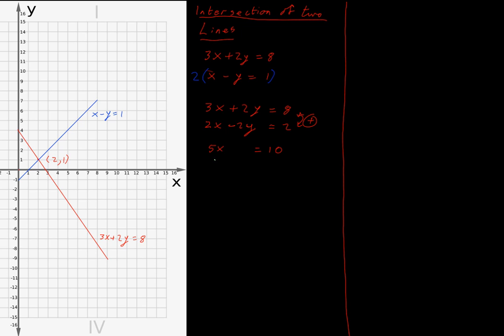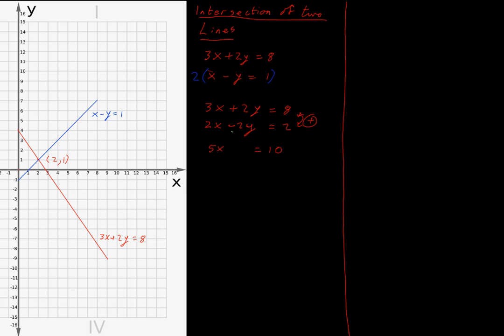Now what have I achieved by doing that? I have an equation that only has x's in it, and I know how to solve that type of equation. I know how to find x if I only have one unknown. So what I am aiming for in the beginning of simultaneous equations questions, and this will almost always be true, is that I am going to multiply one or the other, or sometimes both of my equations, so that I end up with the same number with a different sign in front of one of my letters.